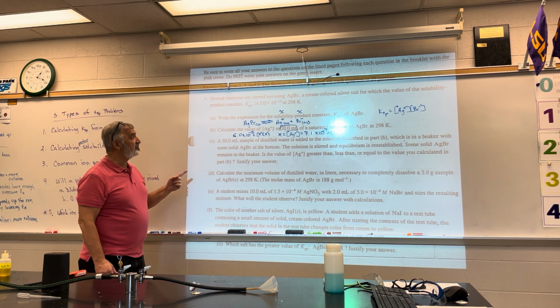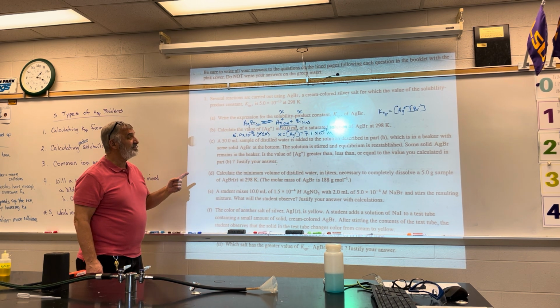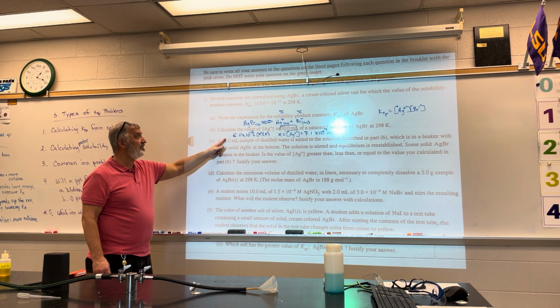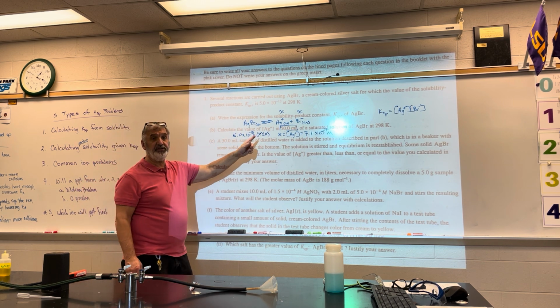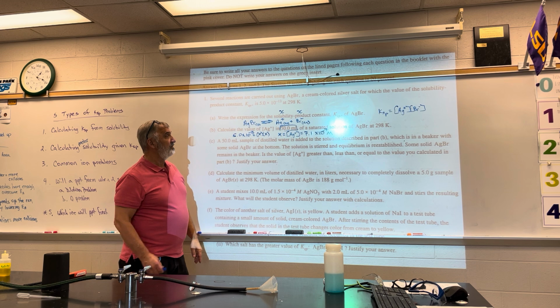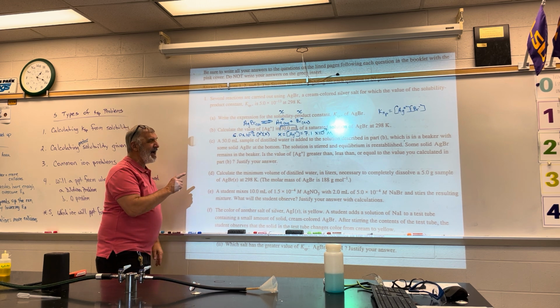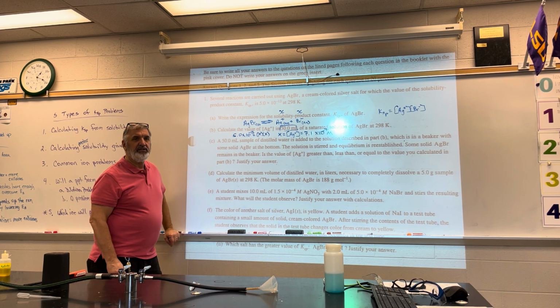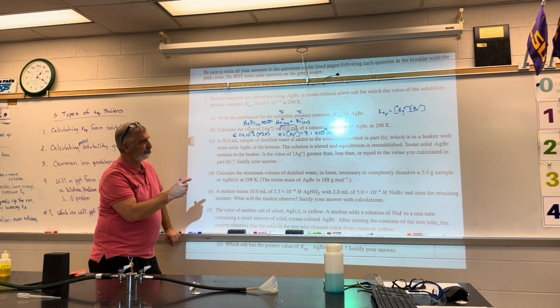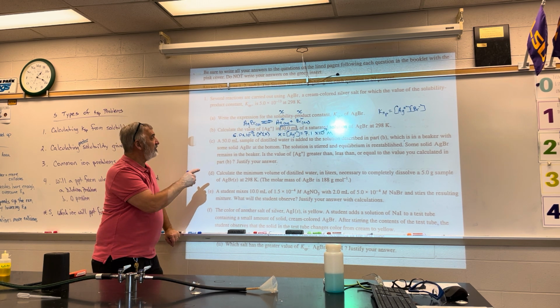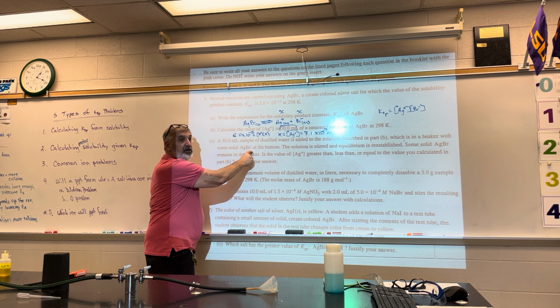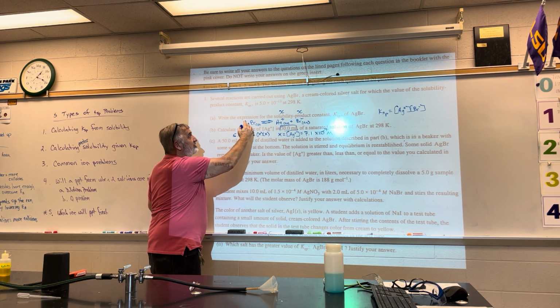Now, a 50 milliliter sample of distilled water is added to the solution. So now I have this. So now I'm going to add some water to it. But listen to the rest. Let's read what it says next. Which is in a beaker with some solid AgBr in the bottom. So we already had some solid in there.